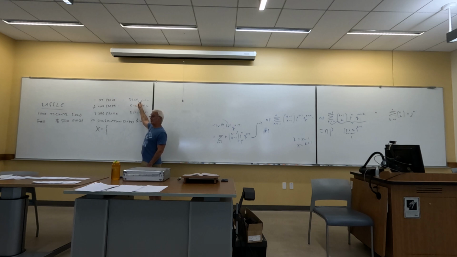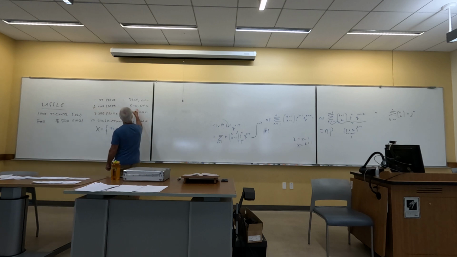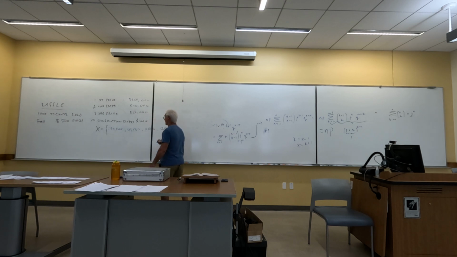So are you walking away $200,000 ahead if you win? No, $200,000 minus the 500. So 199,500. What else? 49,500. What else? 9,500. What else? 500 and what? Mostly negative 500.